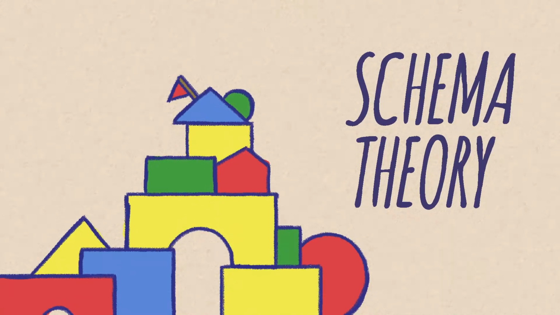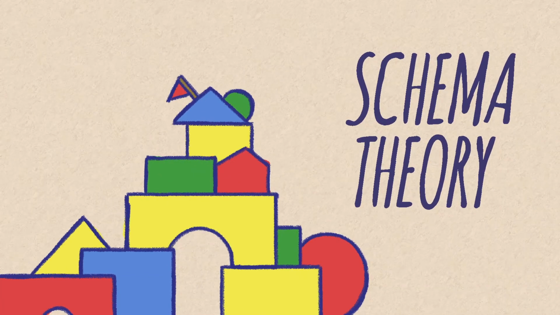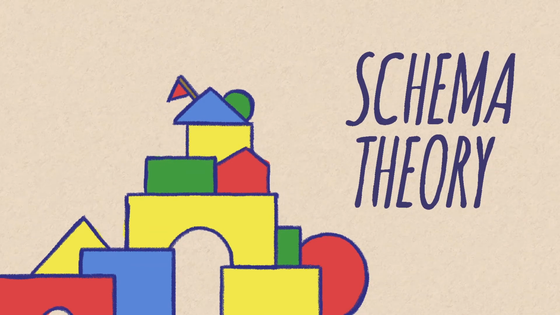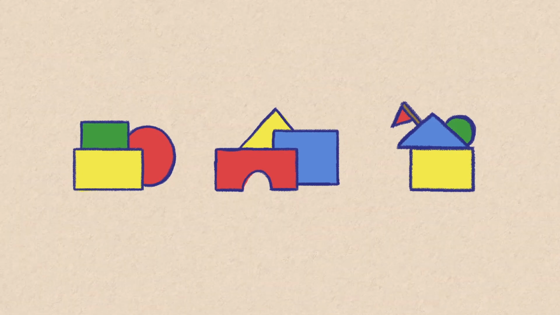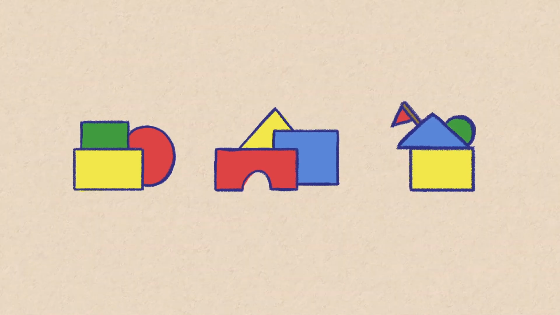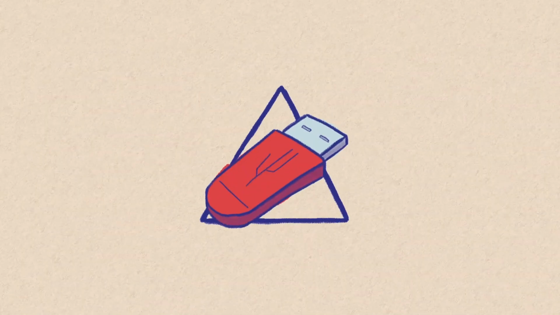You may be familiar with schema theory, as proposed by Jean Piaget in the 1950s. This earlier model is consistent in many ways with the information processing model. The theory describes schemas, which are organized chunks of information that form an idea or a concept. Schemas are stored in long-term memory.